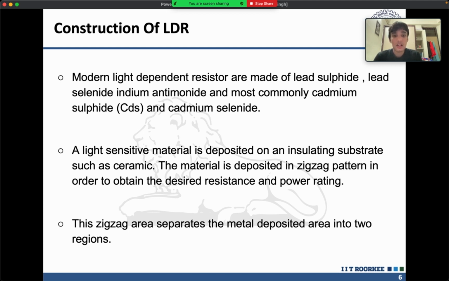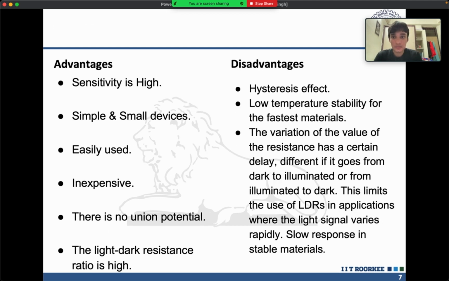The material is deposited in a zigzag pattern. So why a zigzag pattern? Because a zigzag pattern helps in separating the metal deposited area into two regions and also to obtain the desired resistance and power rating. So that was the construction of LDR, a simple construction.